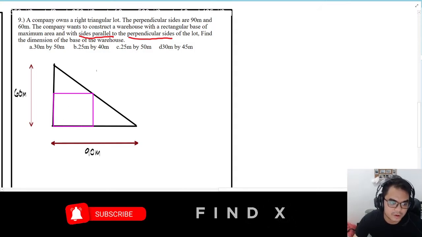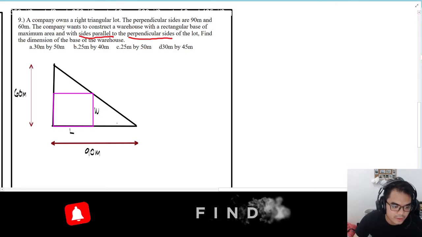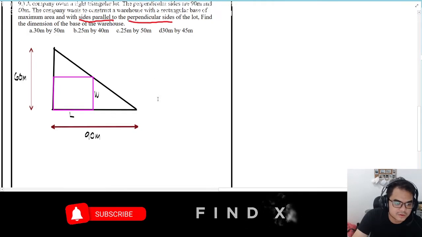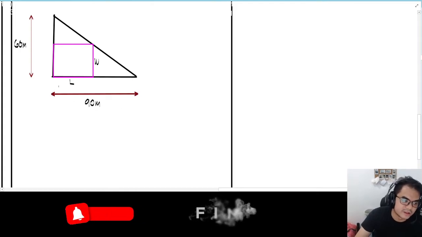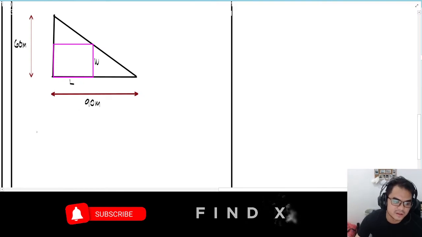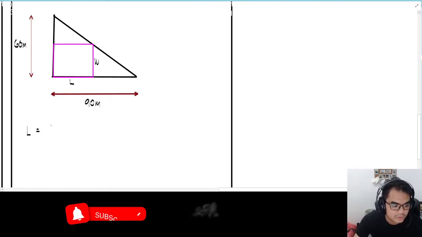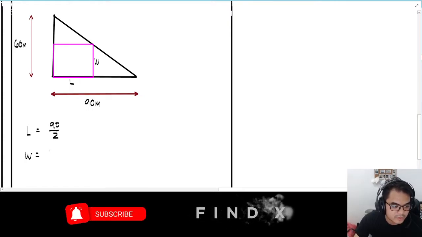Let's say that this part of the rectangular area will be your length, this will be your width. Okay. This is really easy. The shortcut for this is all you have to do is just divide the 90 by 2 and divide the 60 by 2, and then you'll get the length and the width. So the length here will be equal to 90 over 2, and then the width is equal to 60 over 2. That's it. That's the answer.